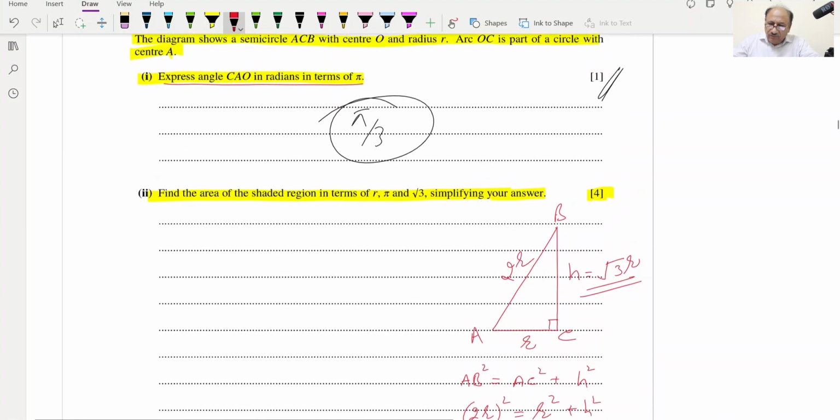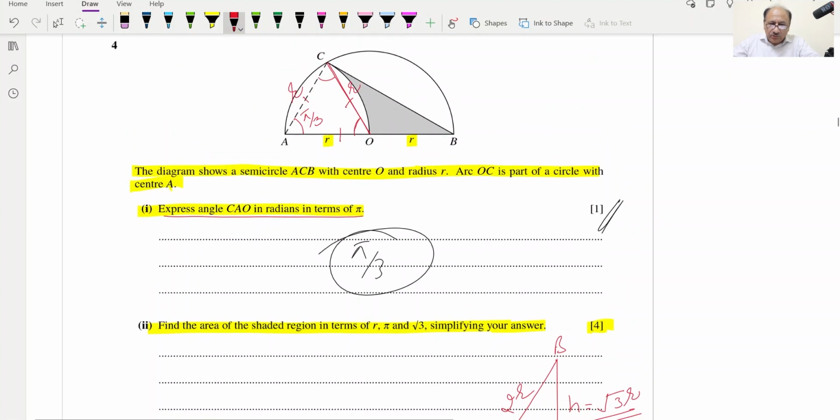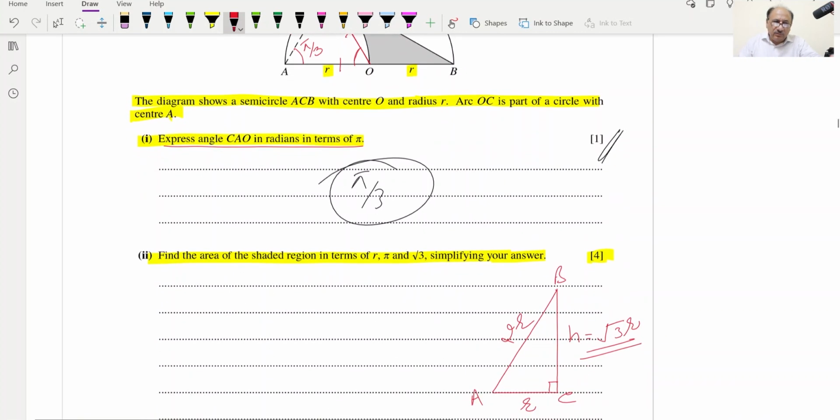Now we have the h value also, and we can find the area of the triangle. The area of triangle ACB will be equal to 1 by 2 into base into height, and the base is r and the height is root 3 r, and this will be equal to root 3 by 2 r squared.